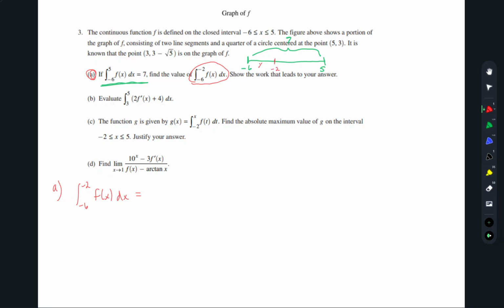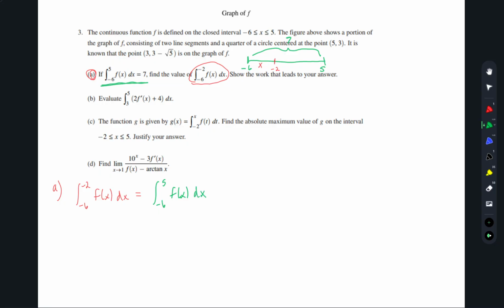This is my mystery guy. And then this is where you pray that you can figure out -2 to 5. Do you know what I'm saying? To hopefully do stuff with it. So either way, I'm going to have it broken up into the integral from -6 to 5 of f of x dx, that's from the given.